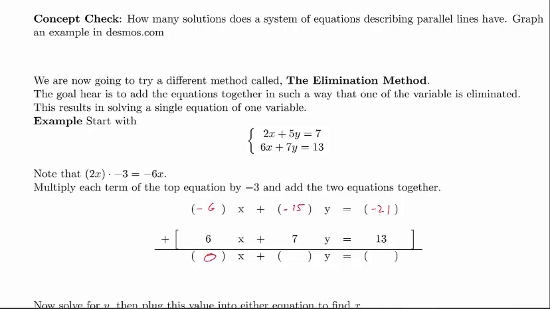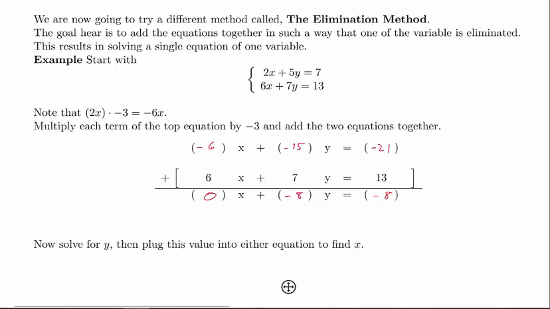Of course, we get 0 times x, and then right here a negative 8, and over here we have another negative 8. So now we have the equation negative 8y equals negative 8. Solving this for y, dividing both sides by negative 8, we find that y equals a positive 1.